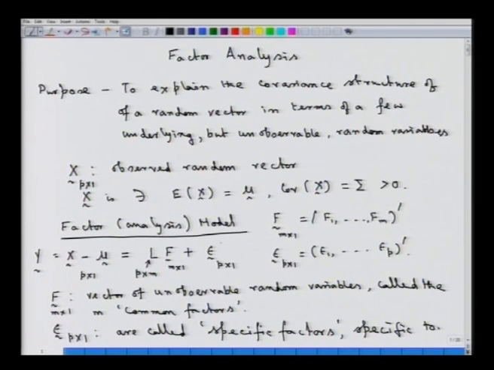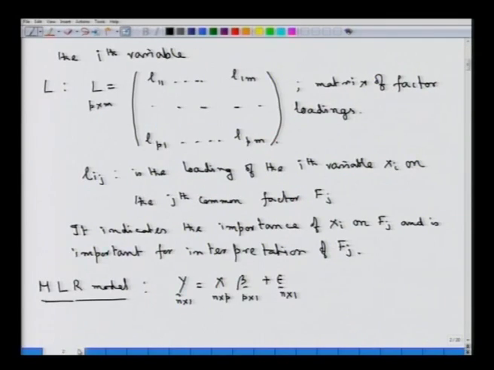Epsilon is the vector of specific factors or simply the noise, and this f vector is a vector of unobservable random variables. They cannot be observed, right? And L is the matrix of constants, right? So there is a huge difference, although the two models look similar.